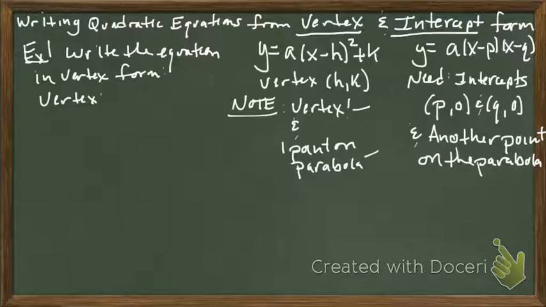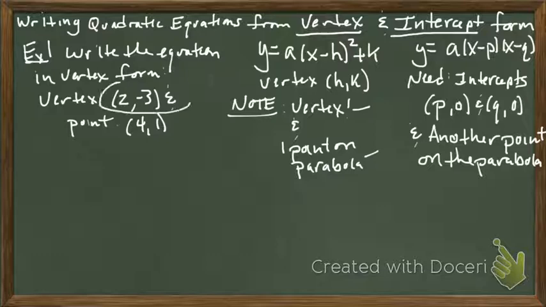I know the vertex is going to be at the coordinate 2, -3, and it's got a point on the parabola of, let's do 4 comma 1. Now, remember, all you need for vertex form is this vertex and a point, and we are in business. So what I like to do is start with the general form of vertex form.